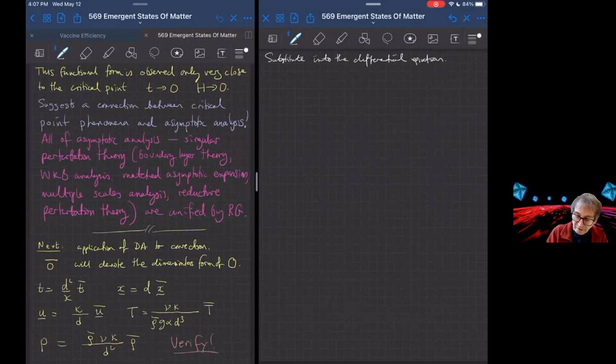So we substitute into the differential equations, and I claim this is what you get. And again, this is something that you need to check. So let me write it out.